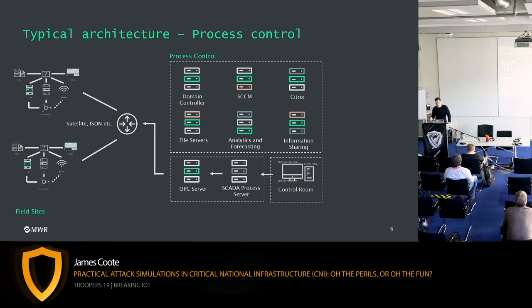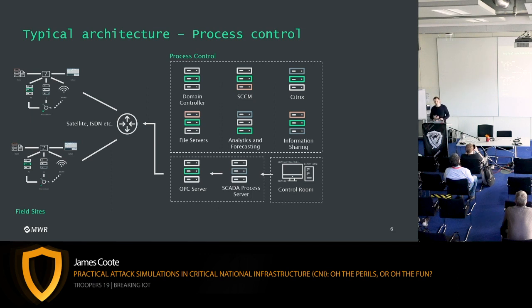These field sites will then typically be linked to a head office somewhere, so via satellite, ISDN, for example. And within the HQ, or the process control environment, I like to consider the assets falling into one of three categories. So typically, the control room is where all the magic happens.